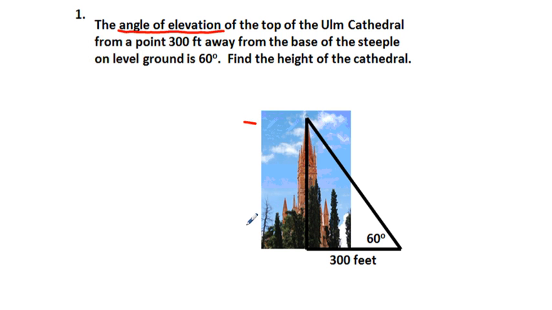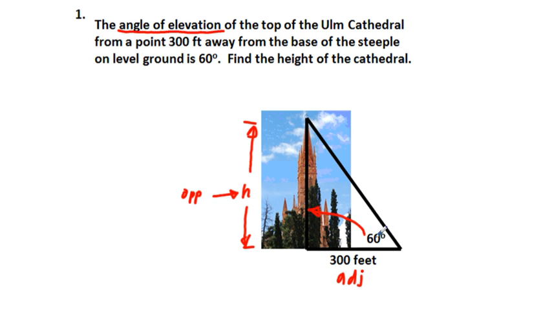What we're looking for is the height. The height of this cathedral is going to be this distance here that I'm pointing out. We're looking for an equation where we have one unknown, and in this case, relative to this 60-degree angle, we're trying to find the opposite, and we are given 300 feet, which is our adjacent.